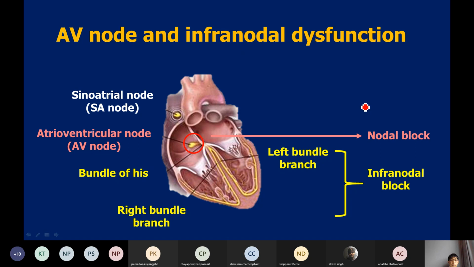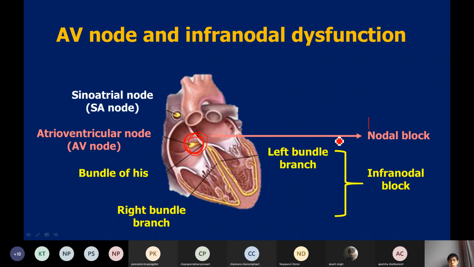For the subset of the atrioventricular node dysfunction, there are 2 types. The first one is the nodal block, this one. The block inside the AV node. And another type of AV nodal dysfunction is infranodal block.